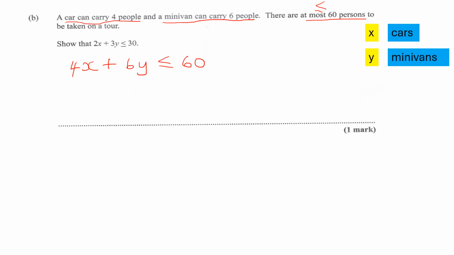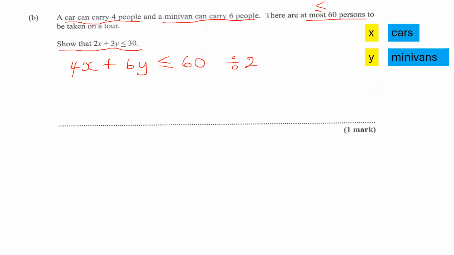So we have to show that it is this. We can recognize that they have divided each term by 2. So 2 into 4 is 2, 2 into 6 is 3, and 2 into 60 is 30.